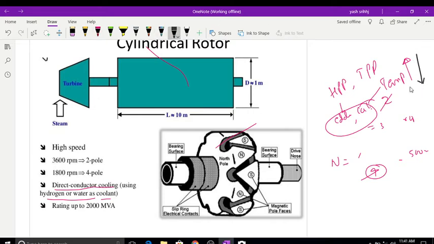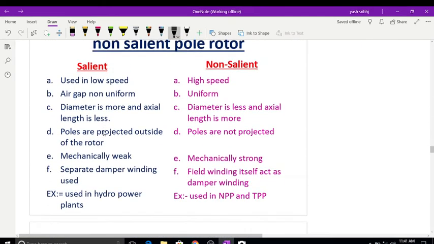To reduce the temperature, this cooling system is used, with hydrogen or water cooling. The rating is approximately 2000 MVA. For such a rating, this alternator rotor is used.